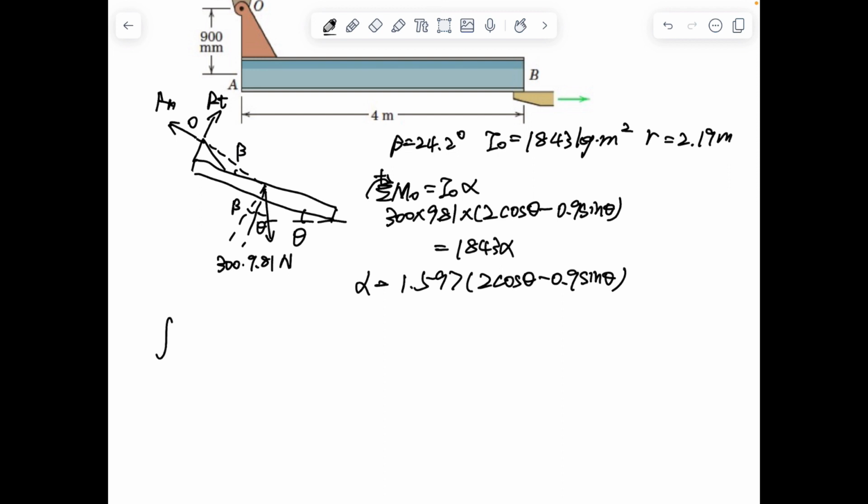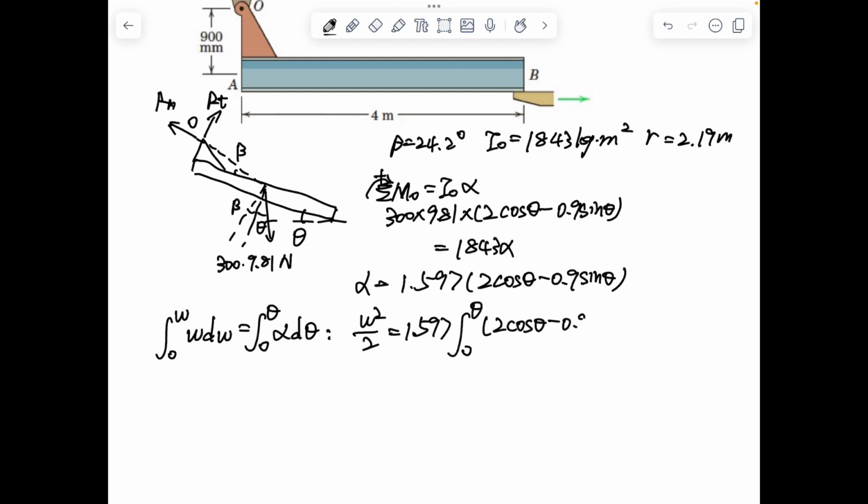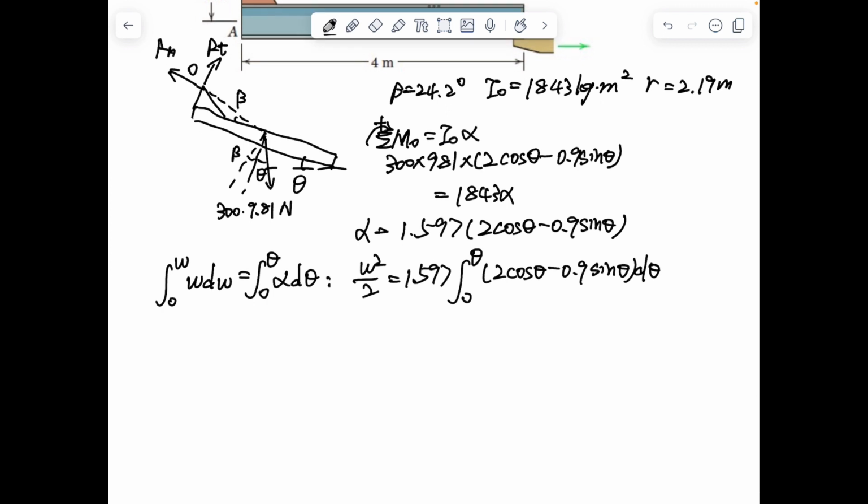If we take the integral from 0 to omega, it's equal to 0 to theta alpha d theta. We can get omega squared over 2 is equal to 1.597 integral from 0 to theta of 2 cosine theta minus 0.9 sine theta d theta. Then omega squared is equal to 3.19 times 2 sine theta minus 0.9 times 1 minus cosine theta.